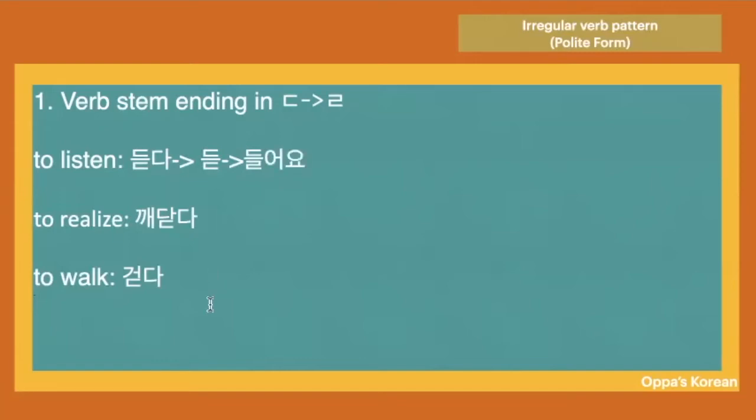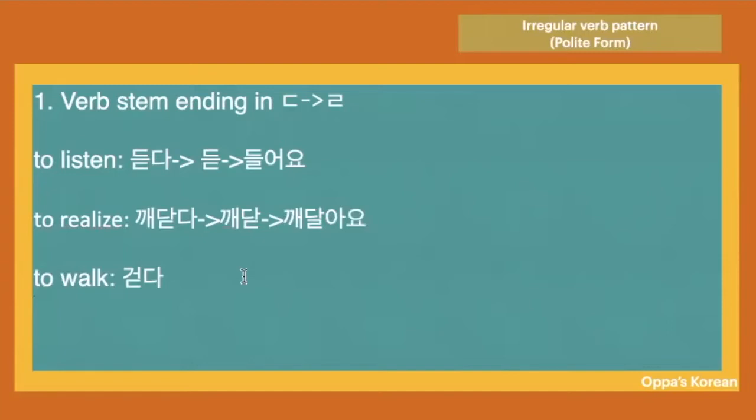Second example, to realize, 깨닫다. 깨닫다 stem is 깨닫. The stem ends in ㄷ, so stem change: 깨달. The vowel is ㅏ, so the ending should be 아요.